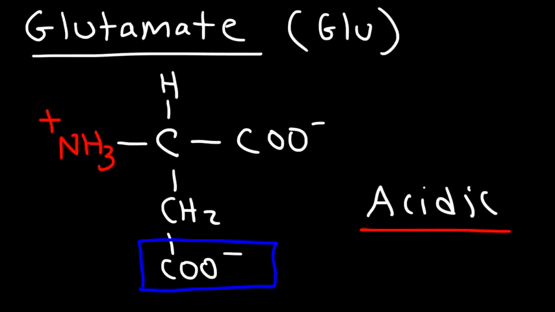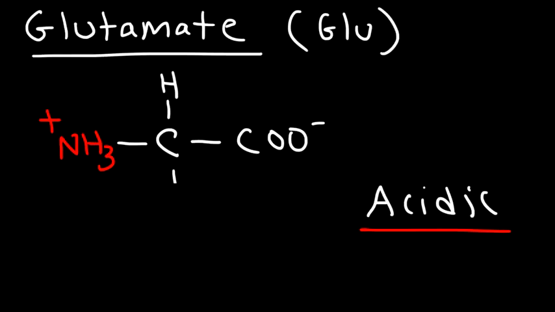Glutamate is abbreviated GLU, and the structure for it looks like this. The only difference is there's an extra methylene group, or CH2 group. So glutamate has an extra carbon in its structure compared to aspartate.